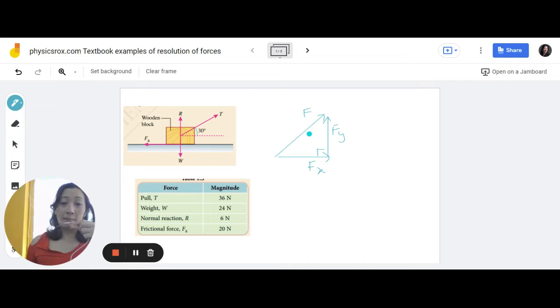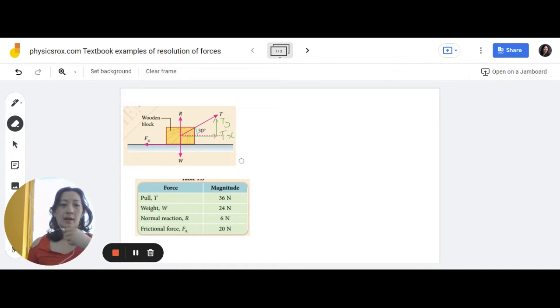We're going to do the same thing for T, but because this is T, not F, that means we can label this as Tx and Ty. I'm going to rub off this from here because we don't need this at the moment. Now, to resolve Tx and Ty, because this is a right angle triangle, we can make use of trigonometry, SOHCAHTOA.